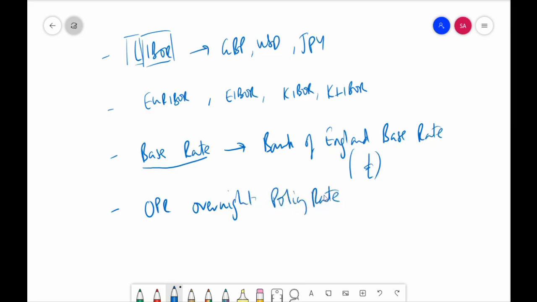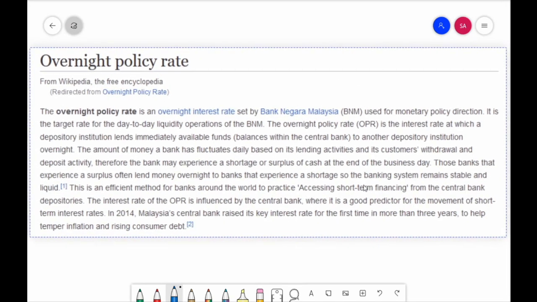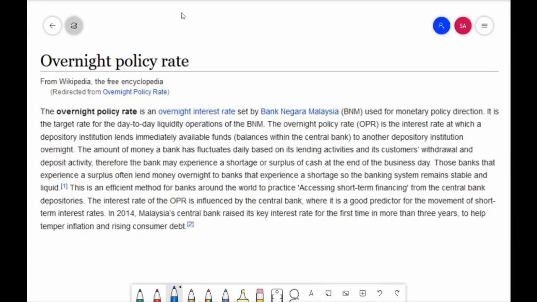Right, and we can see a quick definition of the OPR. Here, I don't propose reading all of this, but the OPR set by Bank Negara in Malaysia is an overnight interest rate. Okay, so banks have some link to this because it sets the target rate for day-to-day liquidity operations of the bank, or Bank Negara.